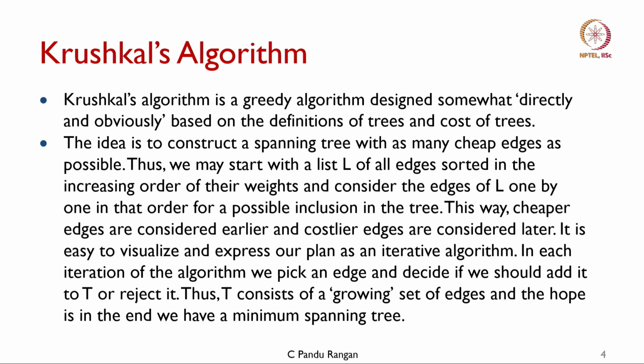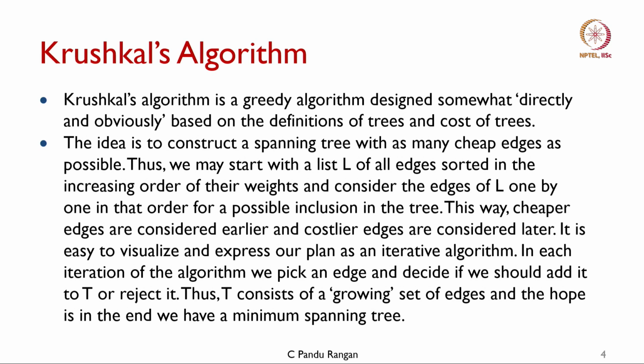First, let us build a list L of all edges sorted in the increasing order of weight, and we will consider the edges of L one after another, starting from the cheapest going to the costliest. In this way, cheaper edges are considered earlier, costlier edges are considered later.